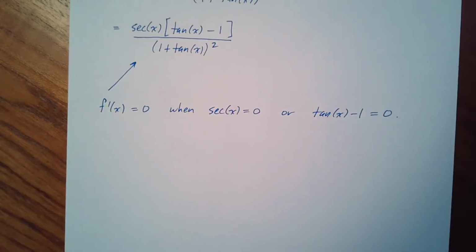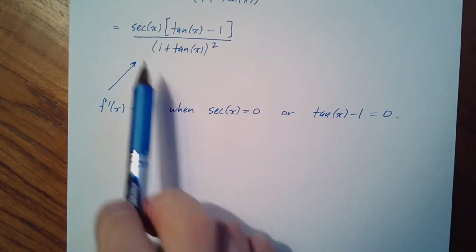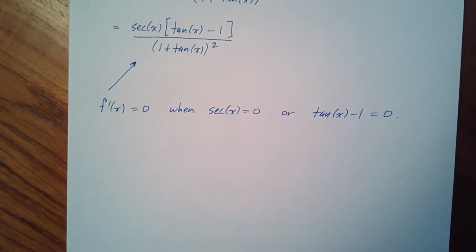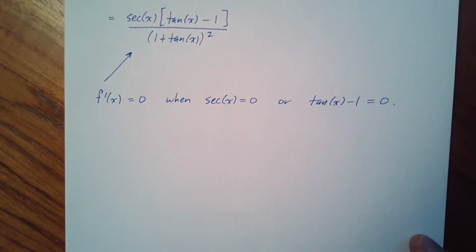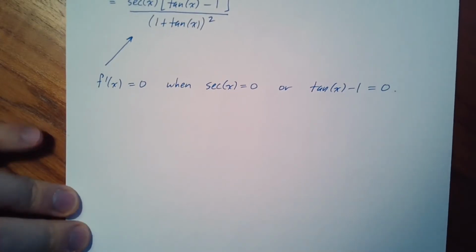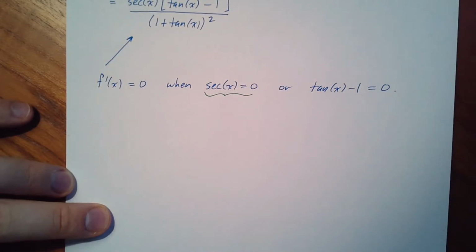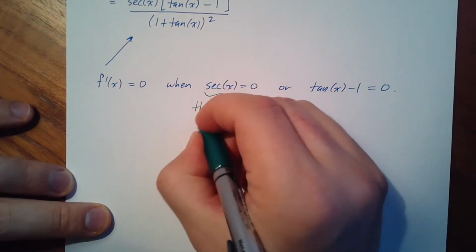The only way the numerator is going to be equal to 0 is if either this equation is true or this equation is true. That's how we can break this down even more. Now the first thing you might notice is that secant of x is never equal to 0.